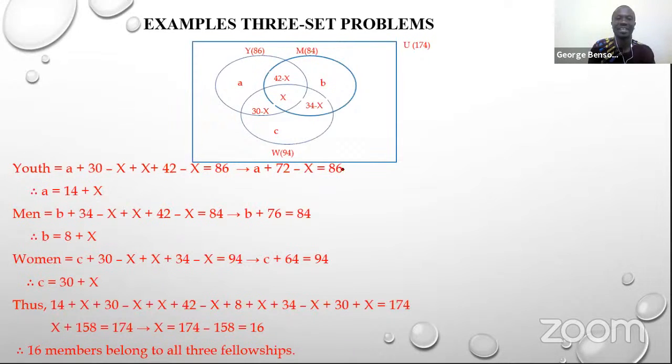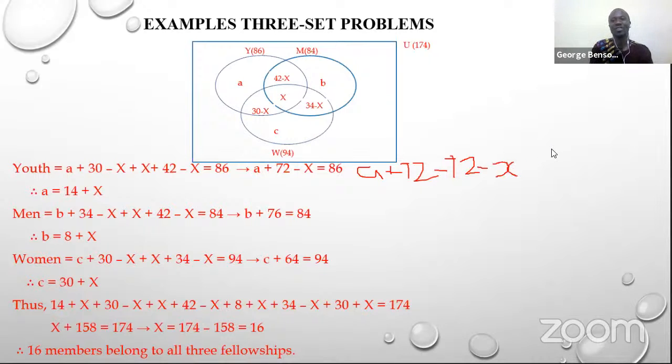So this would have been a plus 72 minus 72, then minus x.